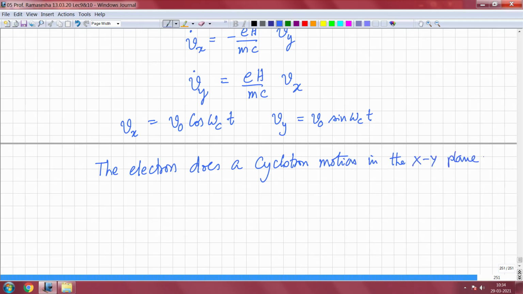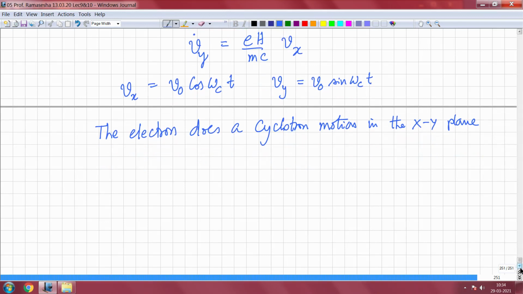That means if you take the spiral and project it onto the xy plane, you have a circular motion. It is a spiral because the velocity Vz need not be 0, so the electron will be moving along the z axis. At the same time, no energy is absorbed from the magnetic field, because the displacement is perpendicular to the direction of the force.